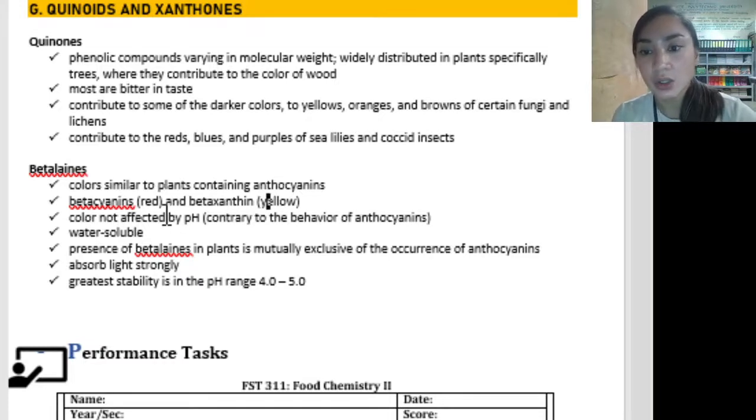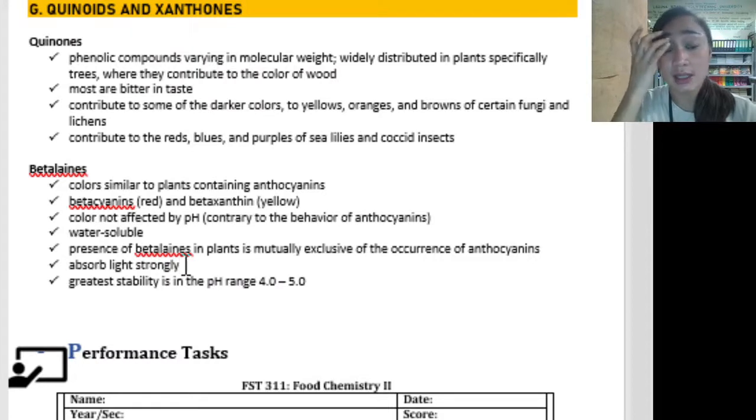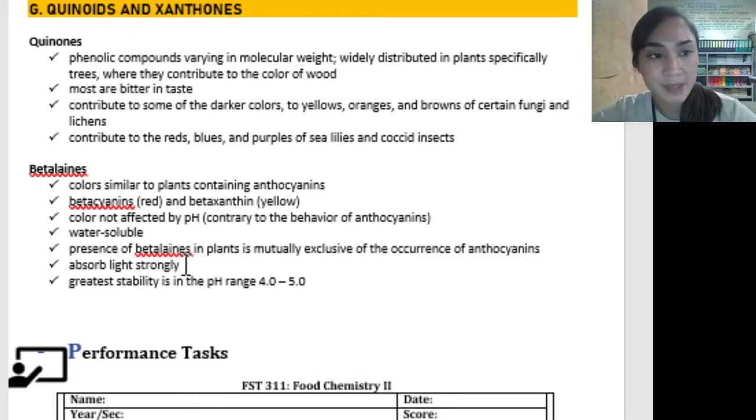So dito, color is not affected by pH compared with anthocyanins. They are also water-soluble. And presence of betalains in plants is mutually exclusive of the occurrence of anthocyanins. So, pag meron tayong anthocyanins, there's also betalains, but perhaps in lower concentrations.